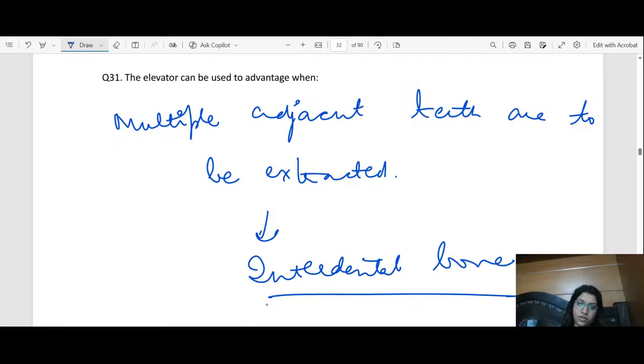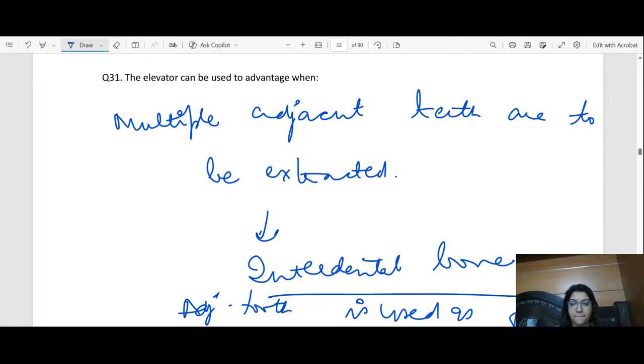Not used as a fulcrum, but the adjacent tooth is used as fulcrum. Next question.